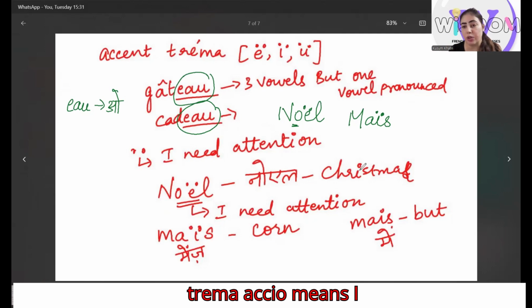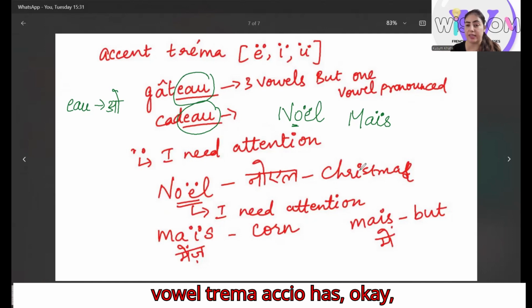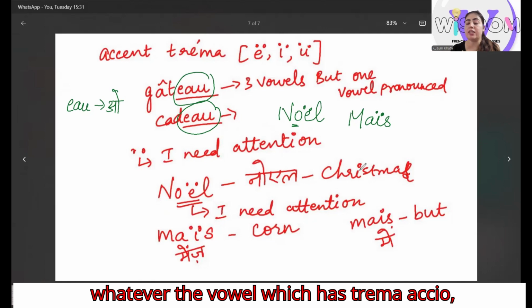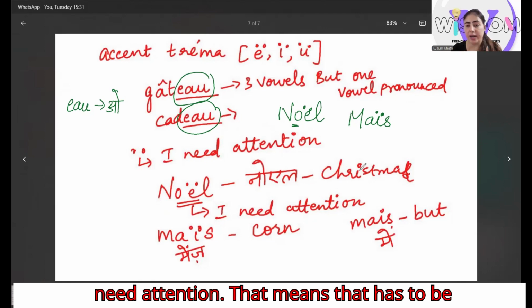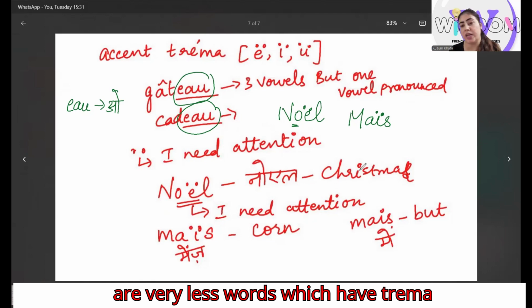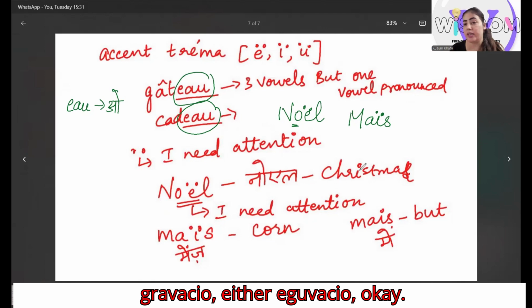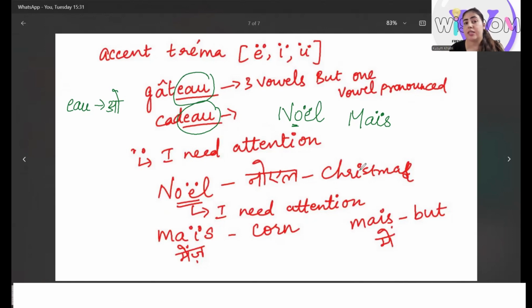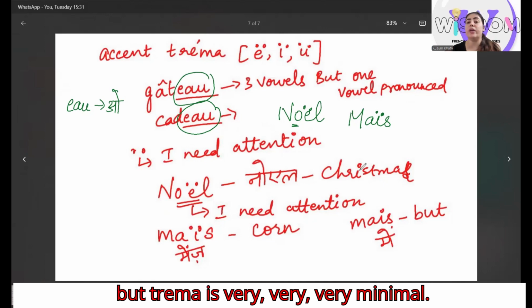So Tréma means I need attention. Whatever vowel has the Tréma, that particular vowel says, I need attention. That means that has to be pronounced separately. There are very few words which have Tréma. Most of the words take the grave accent or the aigu accent. Circonflex you can find in some words, but Tréma is very, very minimal.